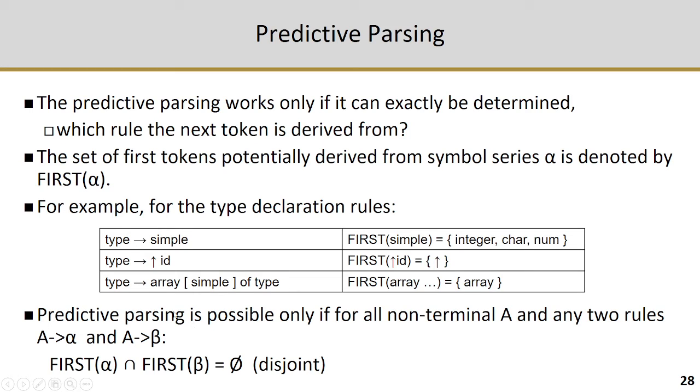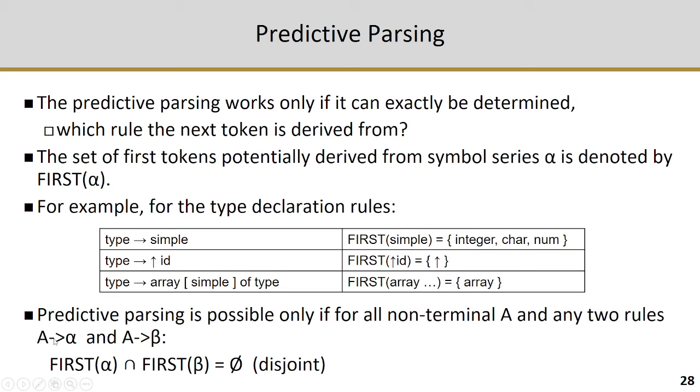And let's note that predictive parsing is possible only if for any derivation rules with the same non-terminal on the left-hand side, the so-called first sets, denoting the first possible tokens generated from the right-hand side, cannot have any intersection.